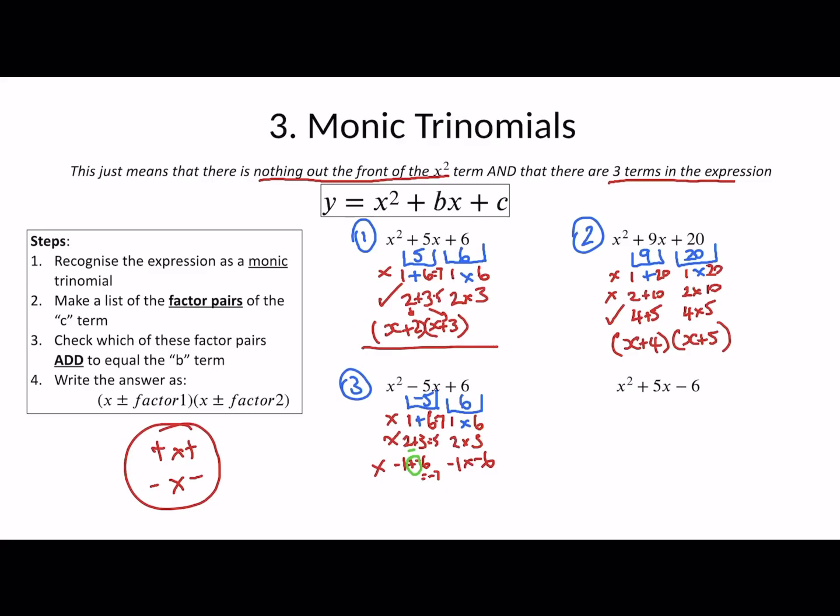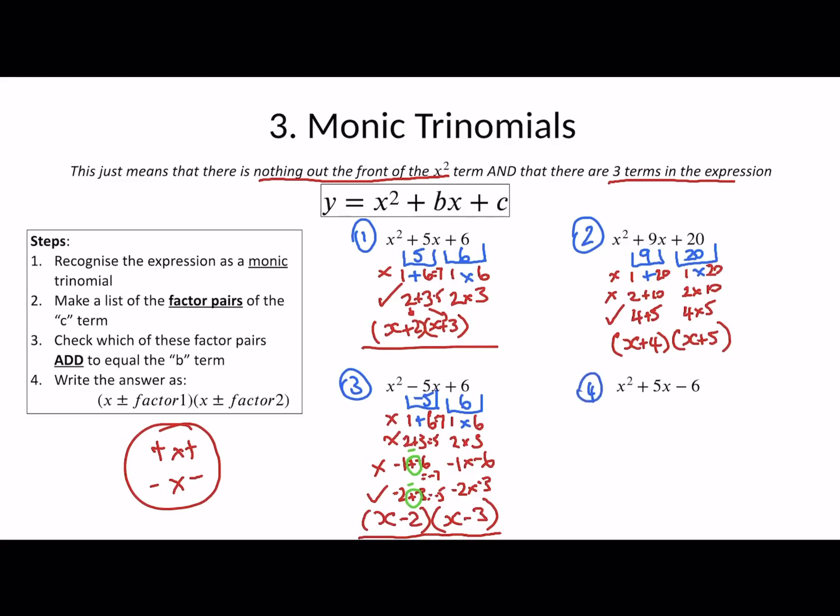All right, let's try the 2 and 3. Negative 2 times negative 3 is positive 6. Negative 2 plus negative 3, plus minus becomes a minus, so negative 2 minus 3. Yep, that's the one, negative 5. Awesome. So, brackets, x, now it's minus 2, close brackets, open, x minus 3. And that's factorised.